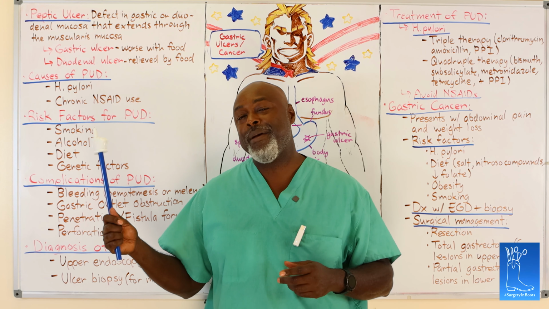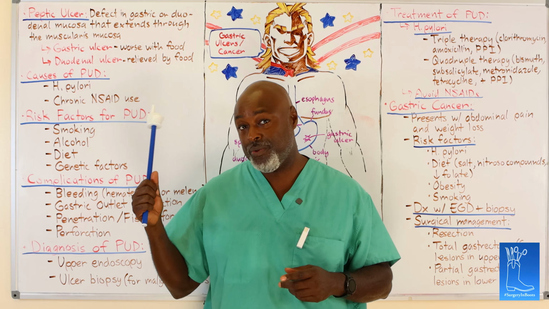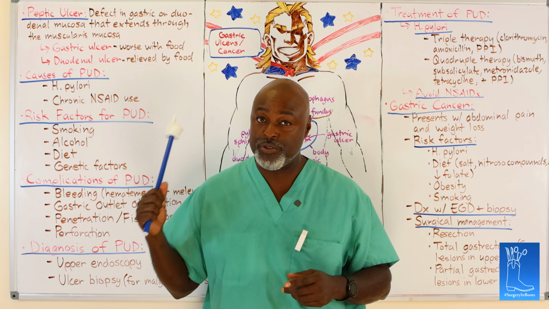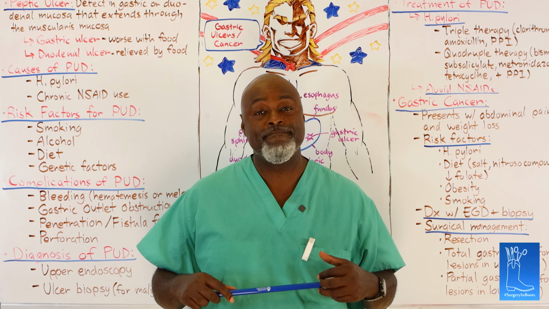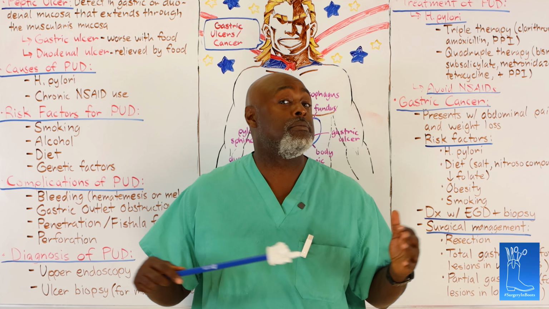If it's really bad, they will get you to a GI doctor or a general surgeon. They can scope your stomach, make sure you're okay, and check you for H. pylori. If you have H. pylori, treat it, and then follow you closely for gastric cancer. If you have gastric cancer, get surgery early so we can get you taken care of and keep you around for a while. That's pretty much it.